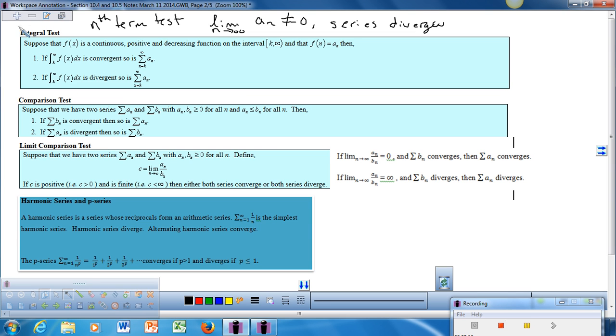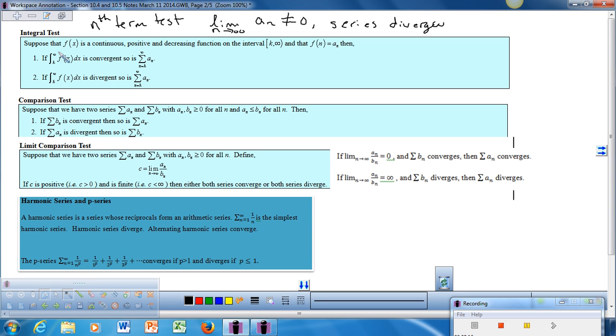All right, our first test is the integral test. Well, in calculus, an integral is an infinite sum, isn't it? So I can model a series with an integral. And if the integral converges, then the series converges. And if the integral diverges, then the series diverges.